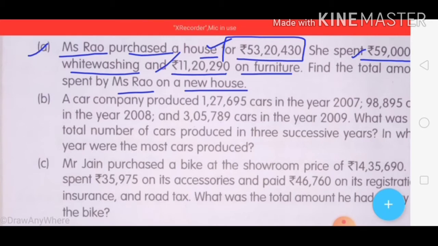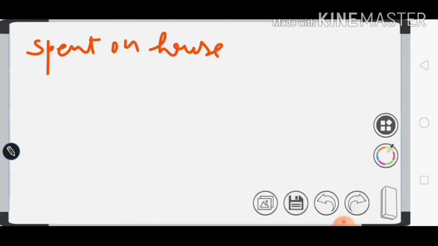So let's see how we will do it. So here we can write the total amount spent we have to find. So the amount spent on the house is rupees 53,20,430.